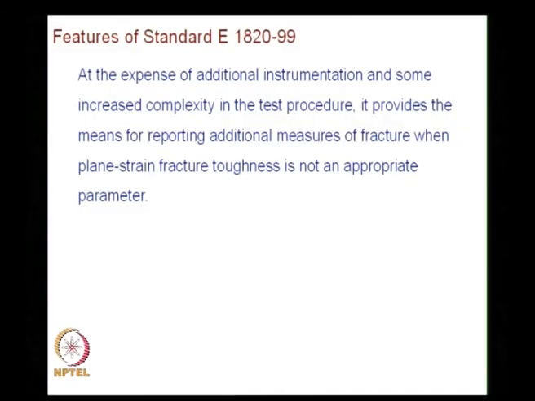But at the end of the test, if you find that your geometric parameters were not all right, you simply discard. In order to avoid that, you have to pay a price. The price you pay here is additional instrumentation and some increased complexity in the test procedure. We are not getting into the test procedure, but we at least know if you want to do that, go to code E1820.